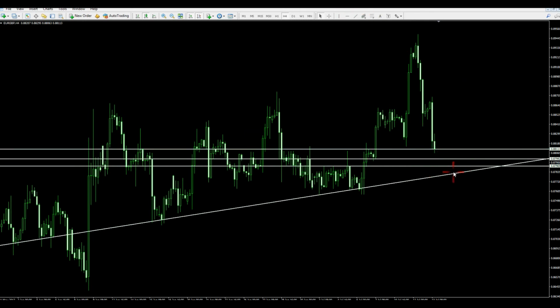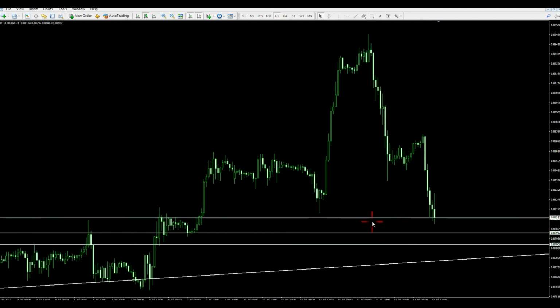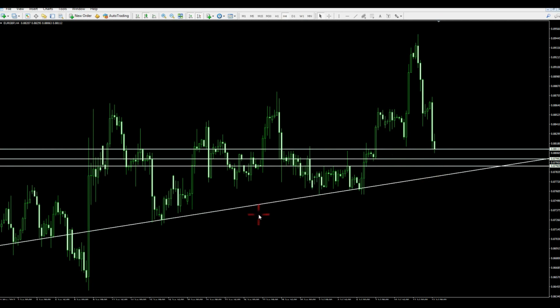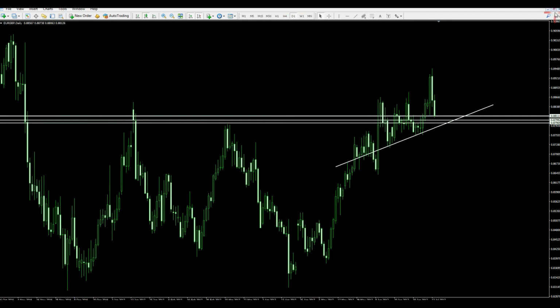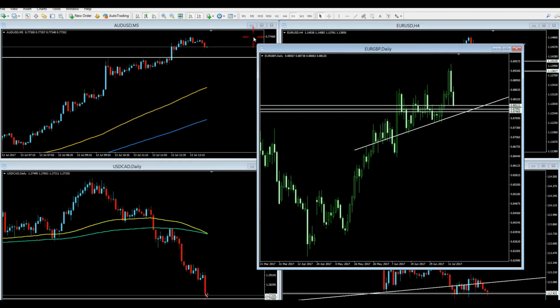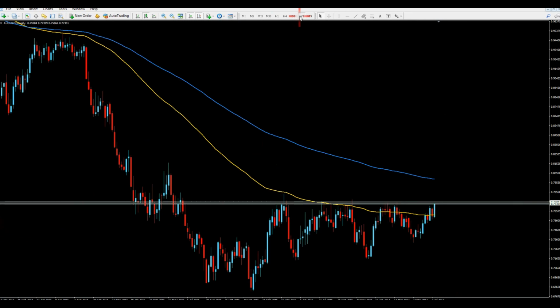So trade step by step towards those targets, but the bigger target is here. As each one breaks, we're going towards this area.